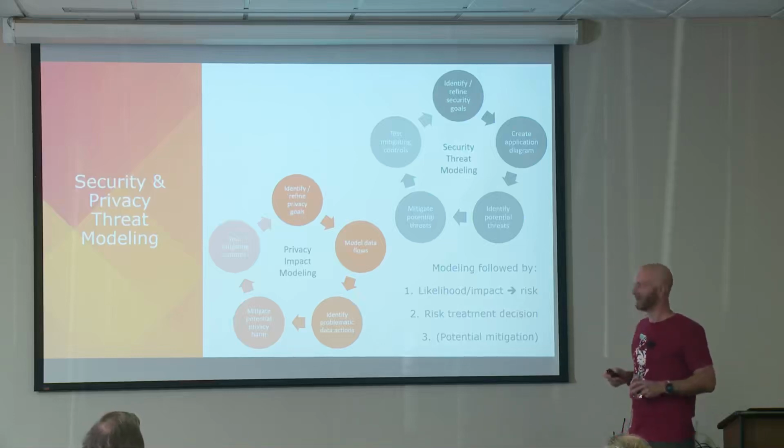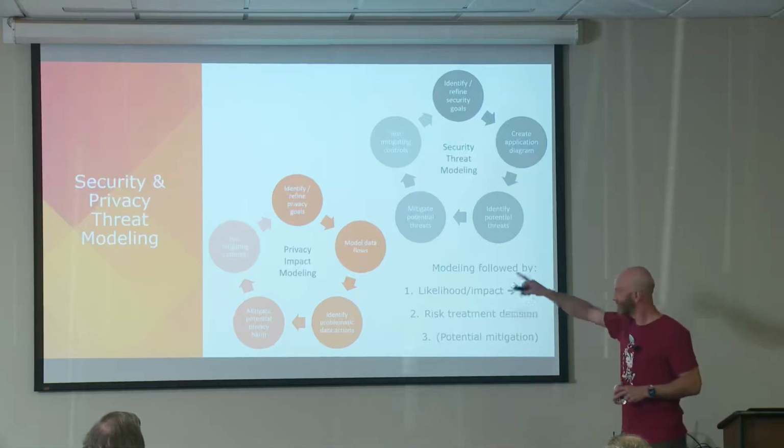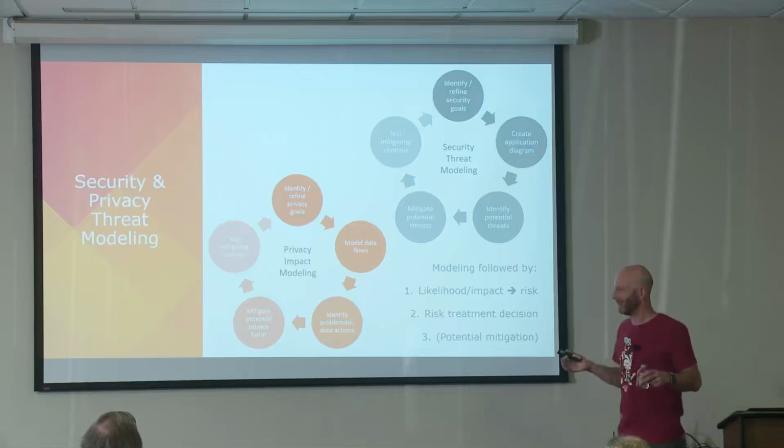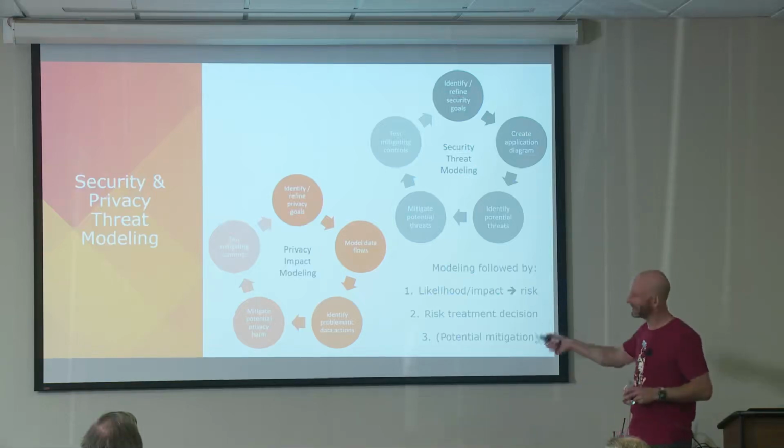And it's exactly the same thing on the privacy side. We look at what the privacy goals are, where we process personal data, where it goes, what the potential problematic data actions and harms are that we can cause to individuals by doing this, and whether there is a way we can mitigate it, and then we go in the circle.